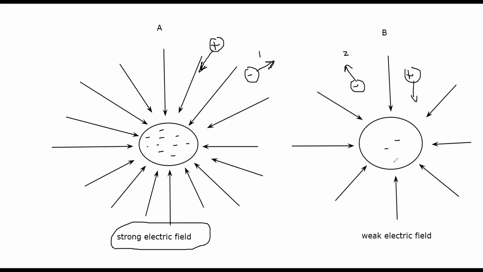So the force experienced by the charge depends on the strength of electric field. And how can you increase the strength of electric field? By having more charges. The greater the number of charges, the stronger the electric field. It can attract or repel charged objects with a greater force.